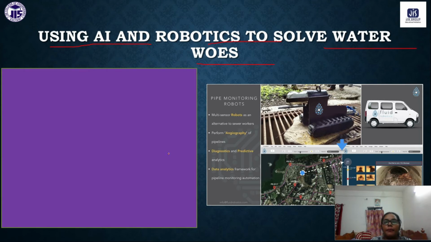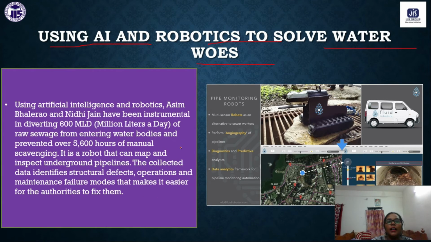Using artificial intelligence and robots, Oshim Valero and Nidhi Jain have been instrumental in diverting 600 MLD, that is million liters a day, of raw sewage from entering water bodies, and they prevented over 5,600 hours of manual scavenging.